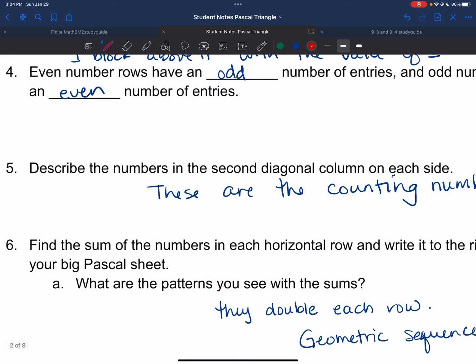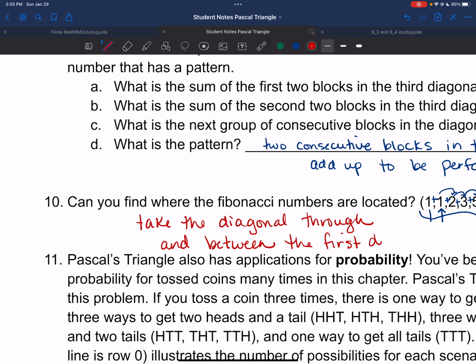Take the diagonal through and between the first diagonal.